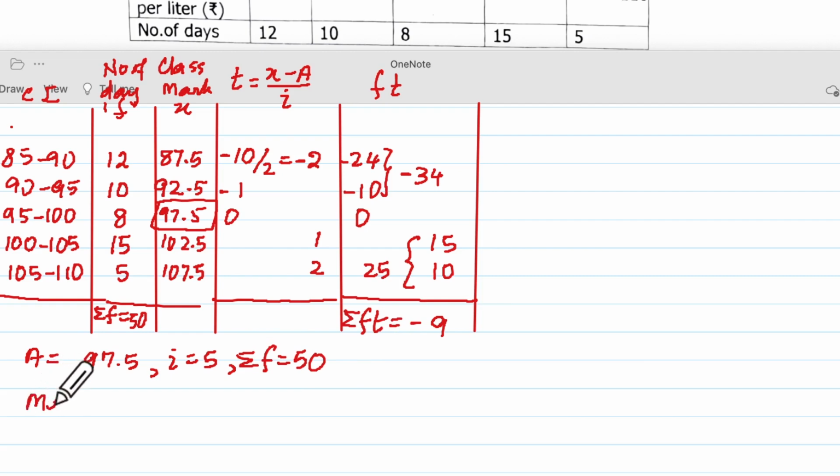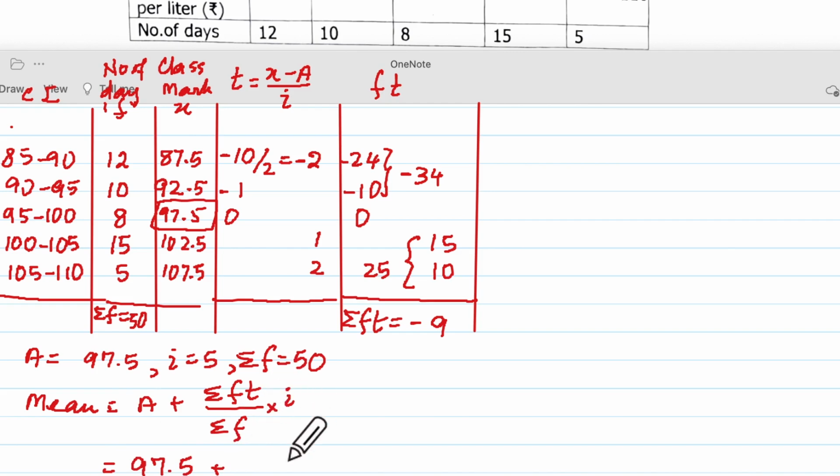What is your mean formula? For step deviation, A plus sigma ft upon sigma f, multiplied by i. Okay, so what is your A? A is 97.5 plus sigma ft means minus 9 upon how much? 50 multiplied by how much is i? See, we wrote over here 5, no? So 5 ones and 5 tens.